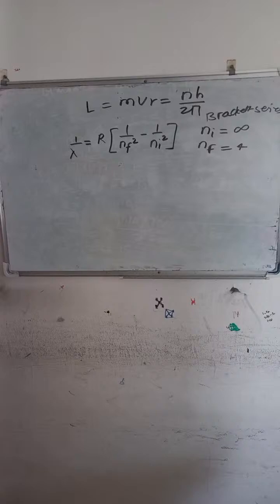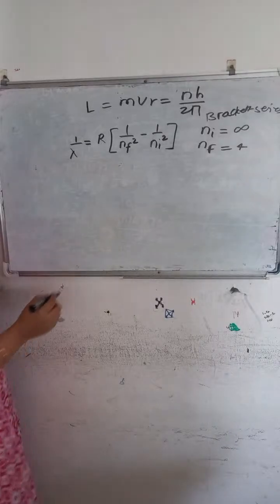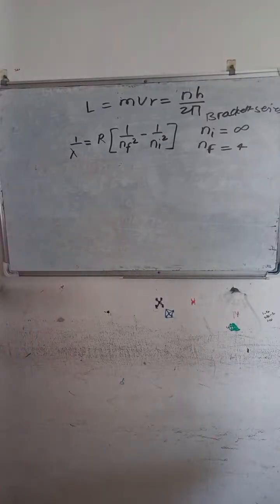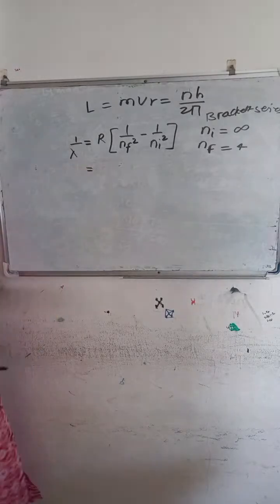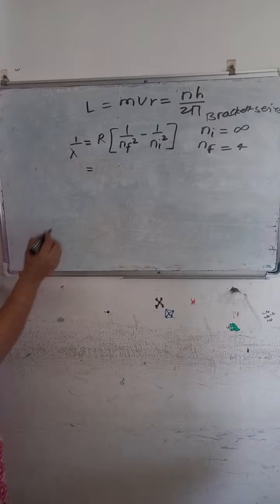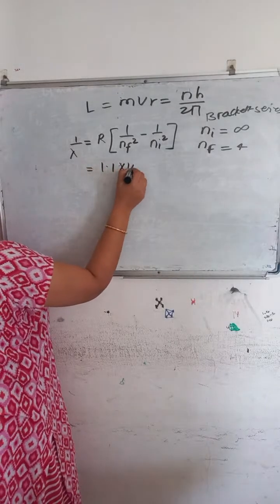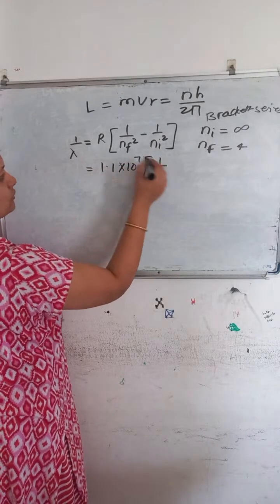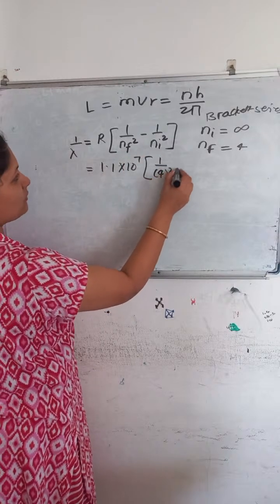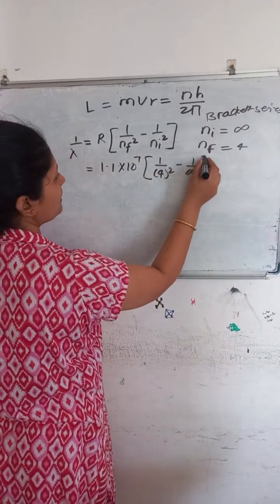Now substitute the values and calculate the answer. They are asking for the wavelength. Here R you can substitute as 1.1, Rydberg's constant, 1.1 into 10 raised to 7. Here nf is 4 square, minus 1 upon infinity.